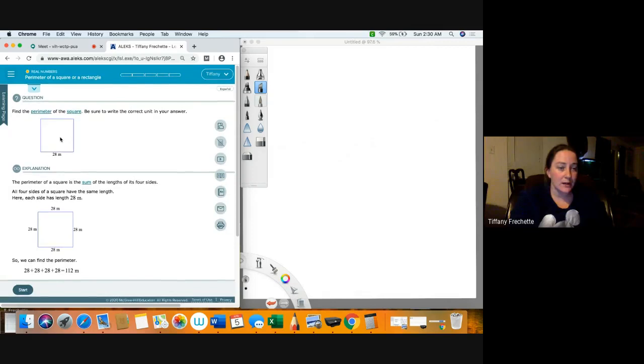Now for a square, and we should all know this from years of being in math and just basic understanding of our shapes, square means that all 4 sides are the same length. So if they tell you that this side is 28, then all 4 sides are 28.